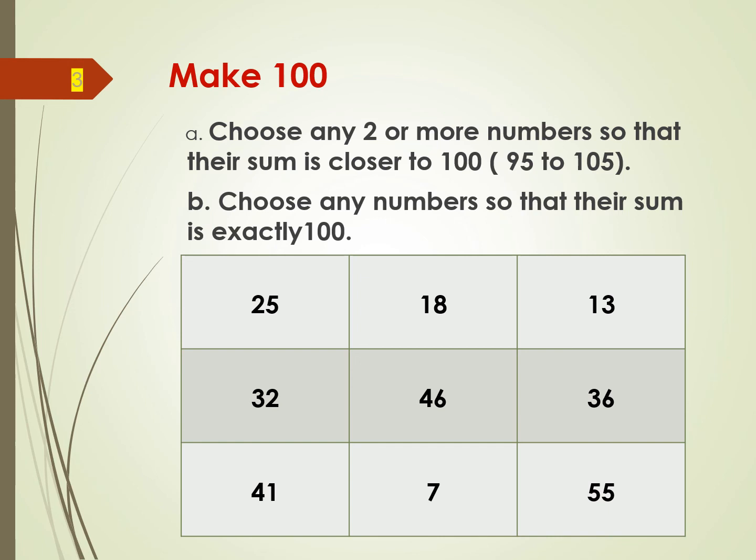Then they have to think and choose which number they can add so that it will be closer to 100 and within that range, 95 to 105. So in this process, we ask them to do the addition, but at the same time, we also make them think.